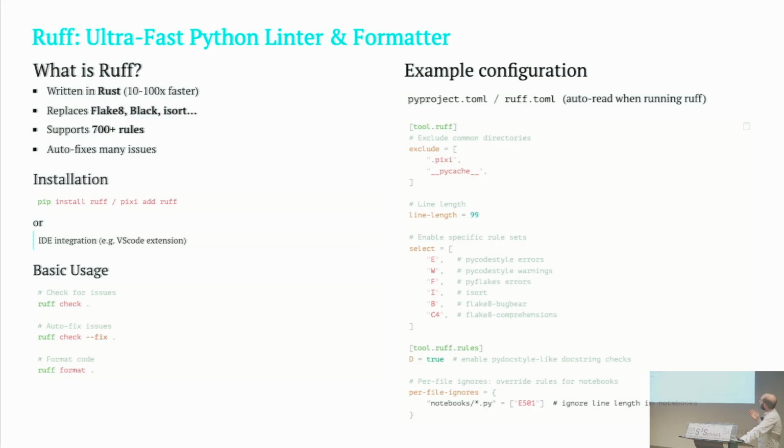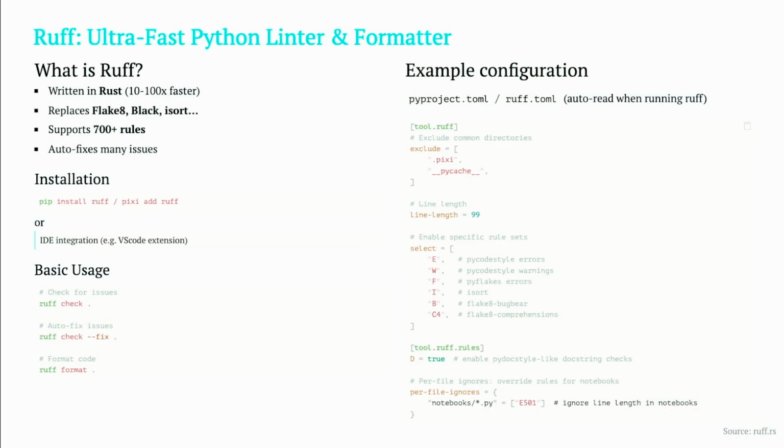You can also add a configuration. It can be a ruff.toml file or integrated in the pyproject.toml. It's read automatically when you run Ruff. And you can specify, for example, some files or directories to exclude, the line length that you prefer, and select some specific rules.